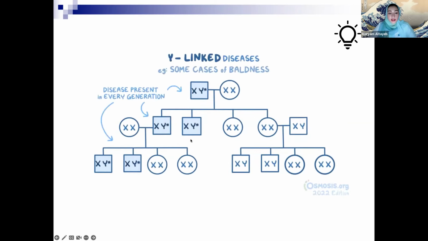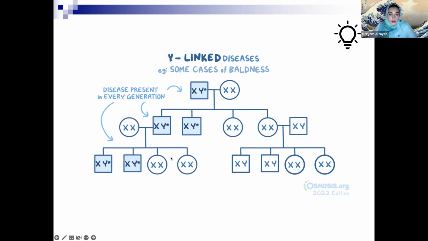So you guys are right. This is going to be Y-linked diseases, and so usually this is cases of baldness specifically, and I think also color blindness, but disease is present in every generation. Okay, and it's only passed on from the father to the son. Okay, in every generation again, because it's the only thing they have to give to the son.